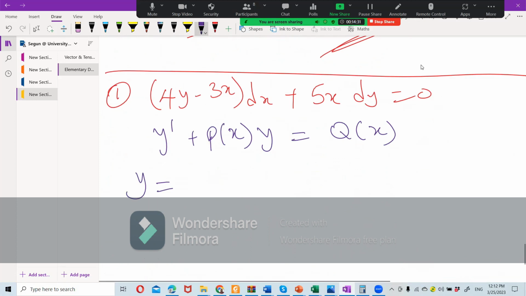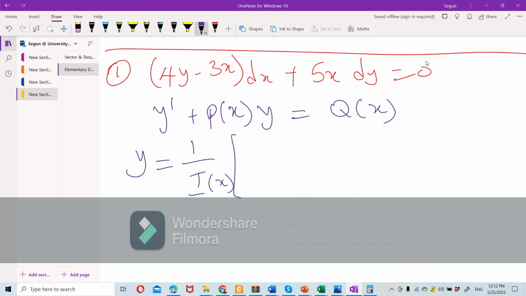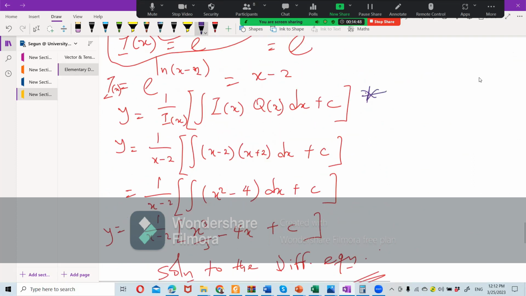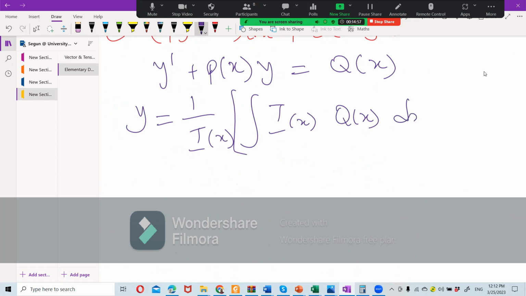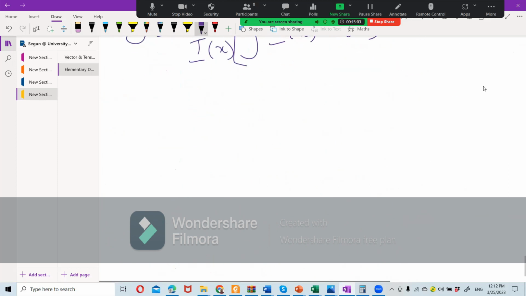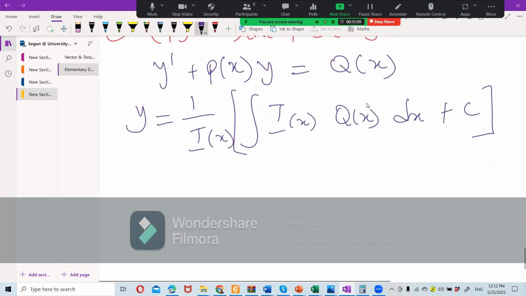So we use the same thing to solve different problems.